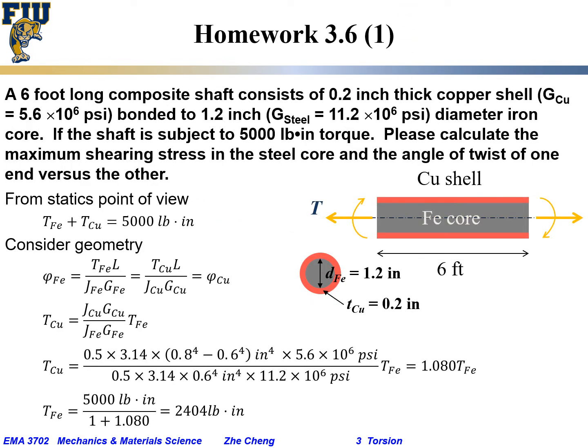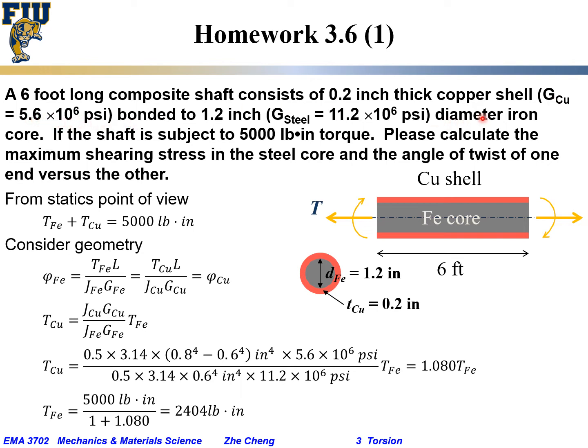Homework 3.6. A 6 foot long composite shaft consists of a 0.2 inch thick copper shell, this pink or red colored copper shell, with shear modulus of 5.6 times 10 to the power of 6 psi.